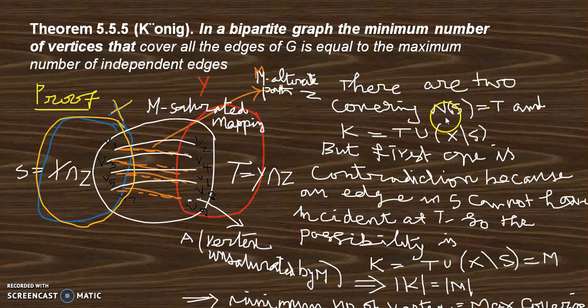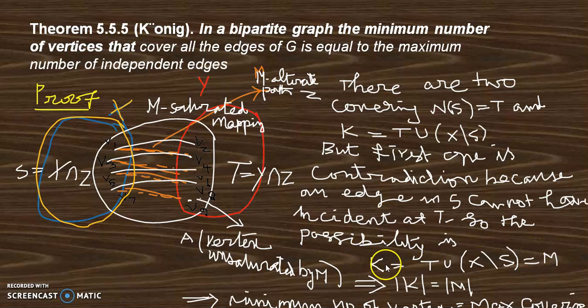So we cannot say that the neighborhood of S is equal to T. So the first case is a contradiction because an edge on S cannot be incident at T. So the possibility is K must be equal to T union X minus S. Of course, this must be equal to M, the matching, because one element is left out, therefore this gives us the matching.